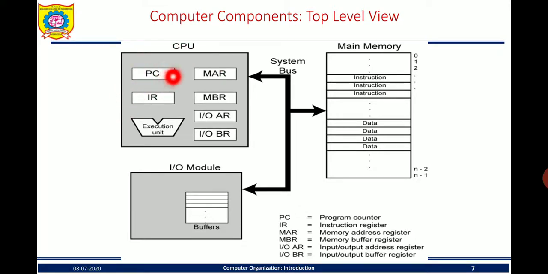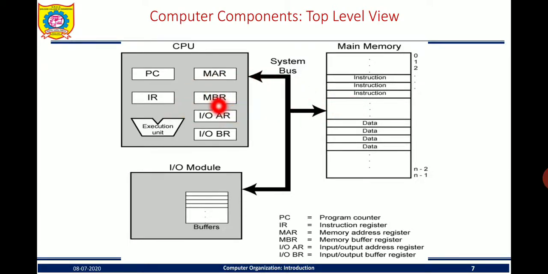In the CPU again there are multiple units. PC stands for program counter, IR is the instruction register, then there is an execution unit which executes any function or operation that is required. Then MAR is there, that is the memory address register. Whatever instruction is to be executed, its address is stored in this MAR, and it is fetched from the main memory.